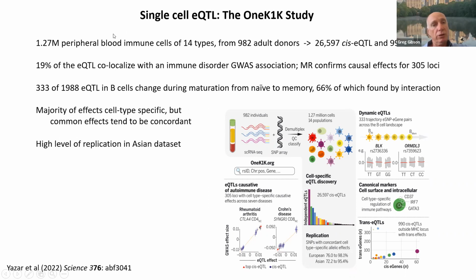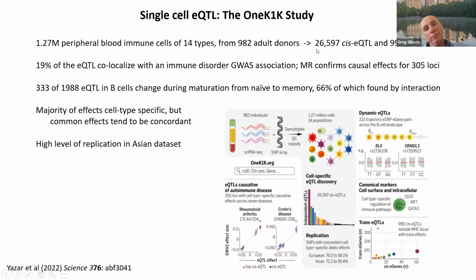So in fact, in total, he got 1.3 million peripheral blood immune cells. So if you remove the neutrophils and the red blood cells, you're left with B cells, T cells, monocytes, macrophages, and about 14 different types of immune cell. And he got them from 982 adult donors. So they're actually Australian adults in an eye disease cohort.